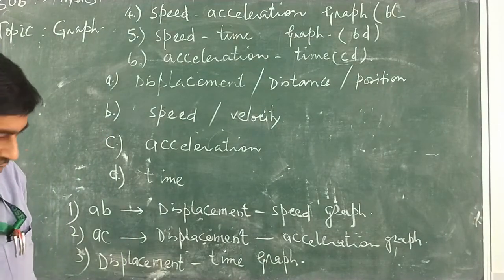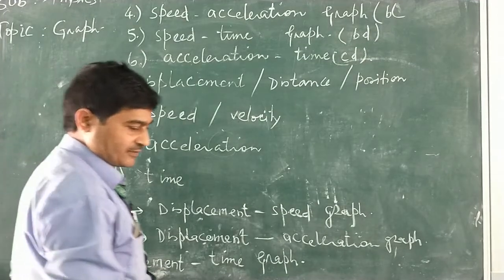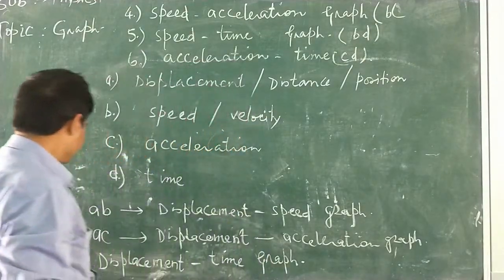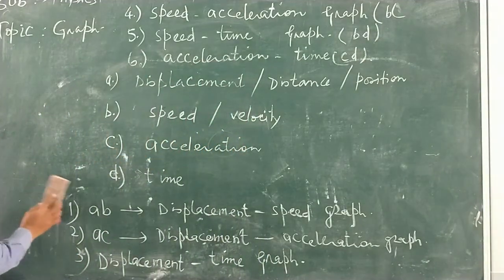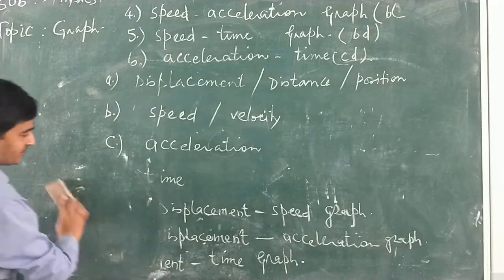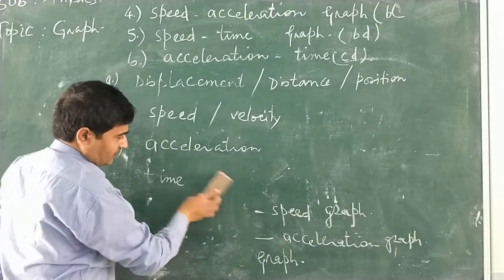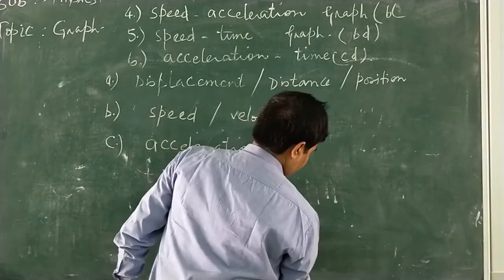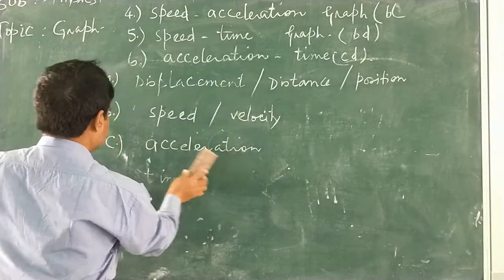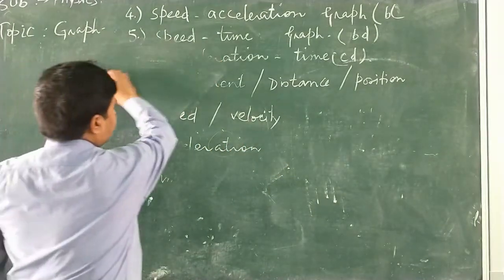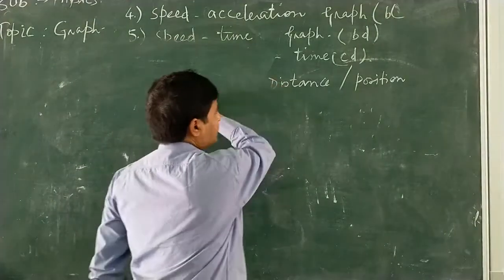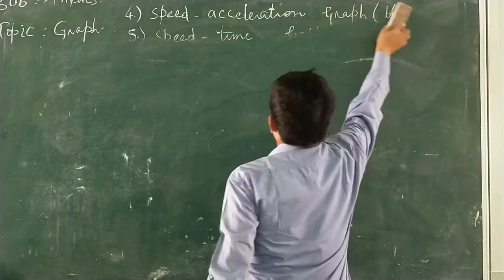So we now understand displacement time graph. There are 6 types of graph. Among them, only 2 will be discussed here: displacement time graph and a speed time graph.